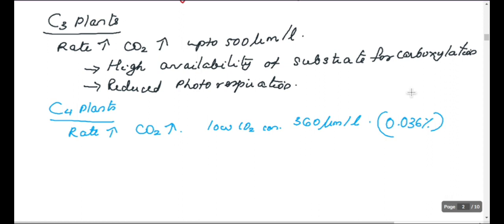Whereas C4 plants also increase the rate of photosynthesis with an increase in carbon dioxide, but at a lower concentration of carbon dioxide itself, that is 360 millimole per liter, the atmospheric concentration of 0.036%, which is already available in the atmosphere. So the available carbon dioxide is enough for C4 plants to increase the rate of photosynthesis, whereas for C3 plants, even higher than that is needed for carrying out a high rate of photosynthesis.